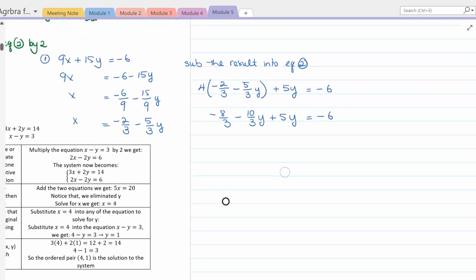Again, I don't like working with fractions that much, so I clear the fractions by multiplying the whole thing by 3 to get negative 8 minus 20y plus 15y equals negative 18. Combine like terms. Solve for y.